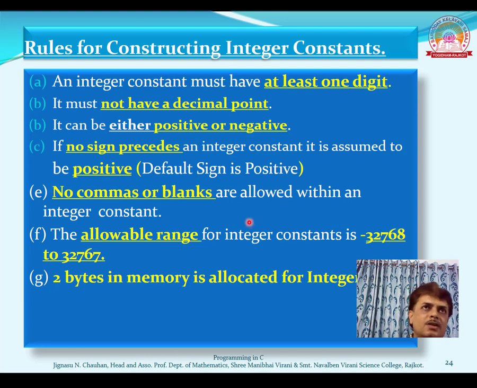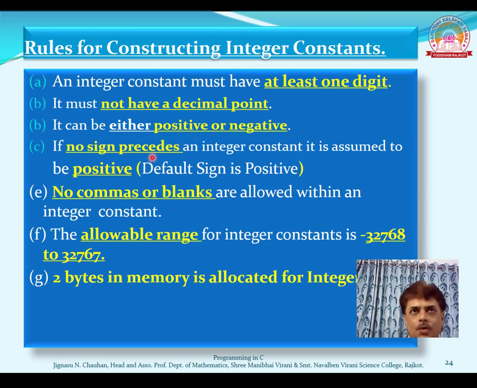Let us understand the rules for constructing integer constants. An integer constant must have at least 1 digit. Secondly, it must not have any decimal point. It can either be positive or negative.